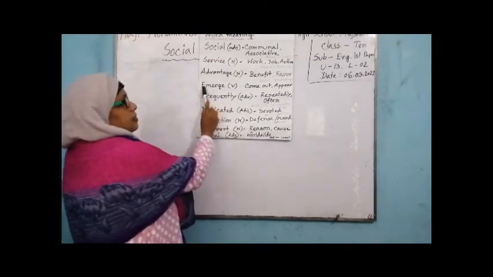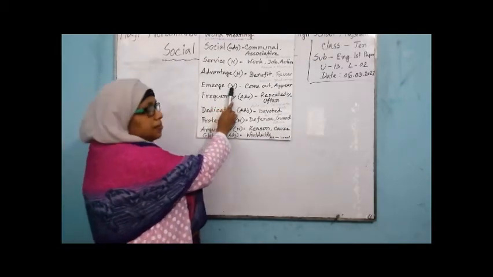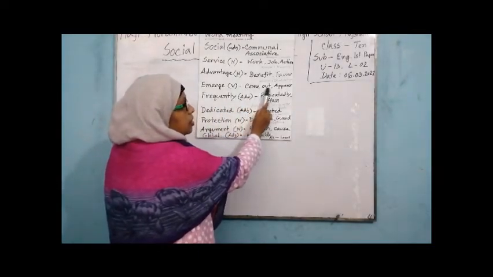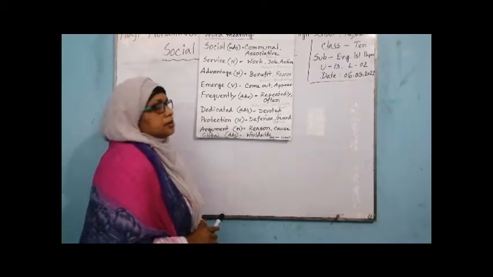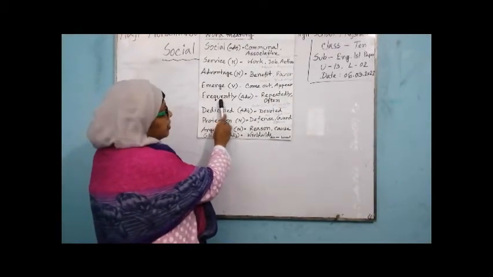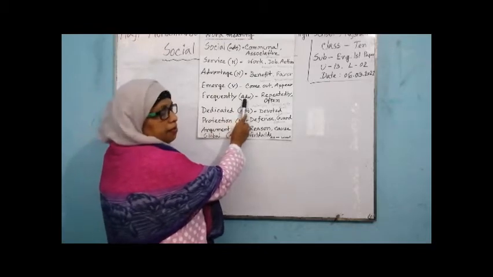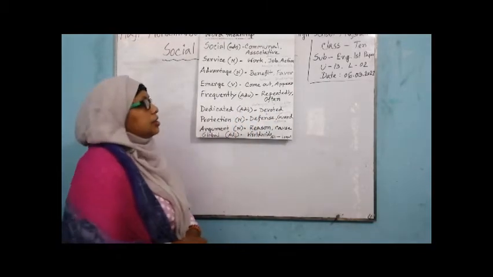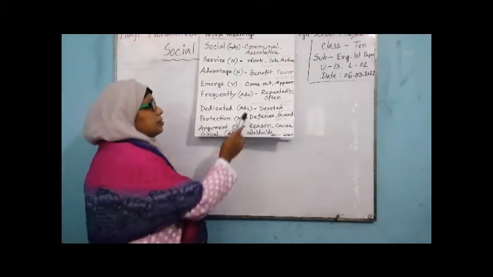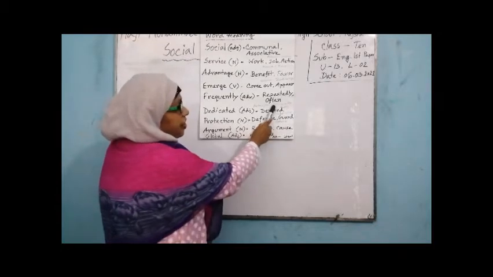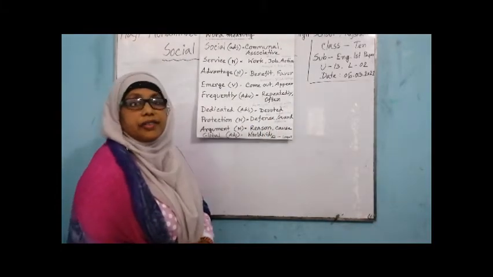Next, immense. It's a verb here. The meaning: come out or appear. Next, frequently. It's a verb and means repeatedly or often. And antonym, infrequently or rarely.